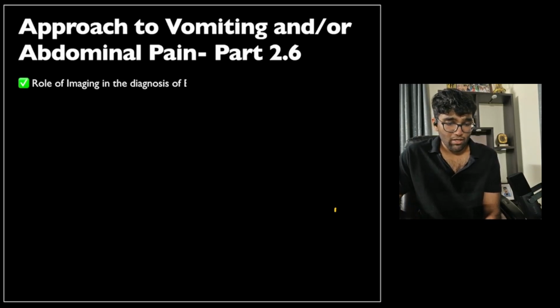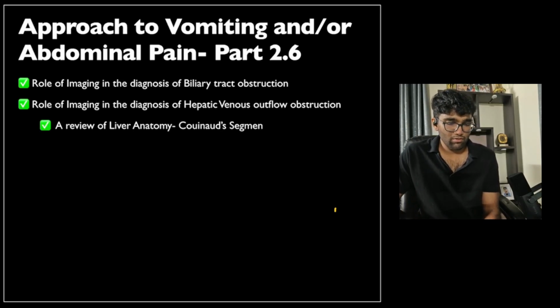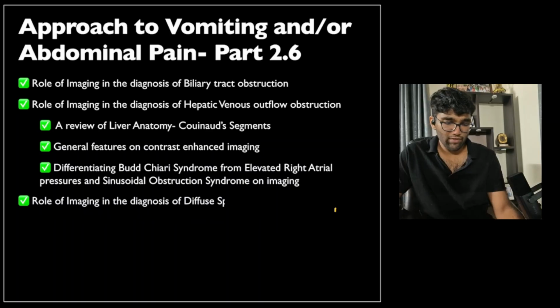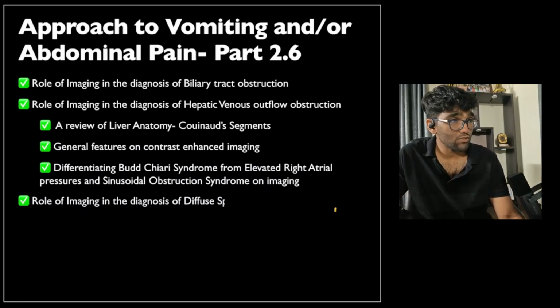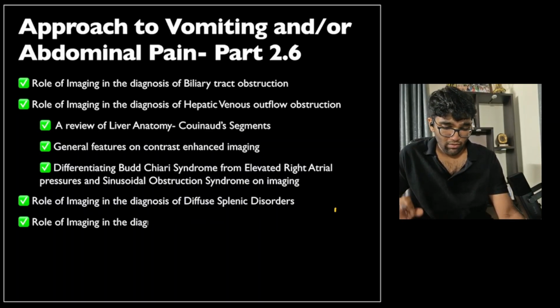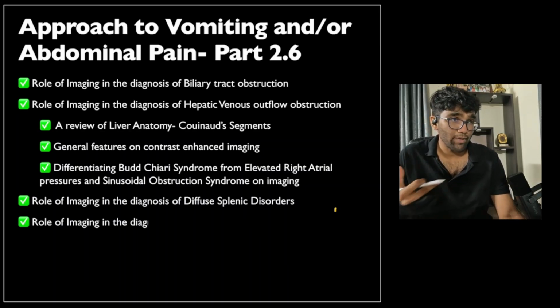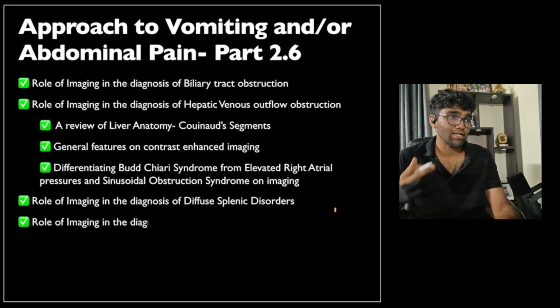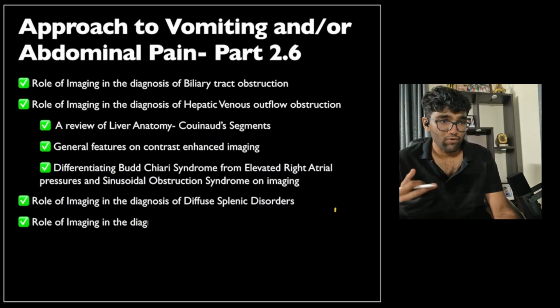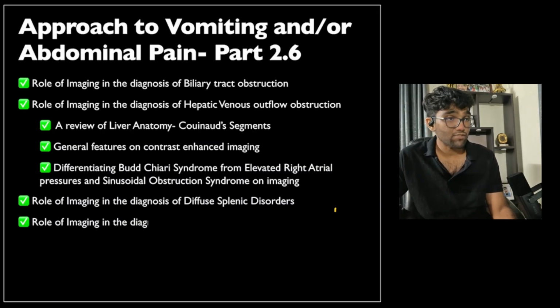So summarizing what we've discussed till now. Previously we talked about all of these things. Today we talked about the role of imaging in diffuse splenic disorders. Okay, we talked about the slim differentials. Then we talked about what might trigger us to think about inflammatory pathology and mass lesions within the spleen.